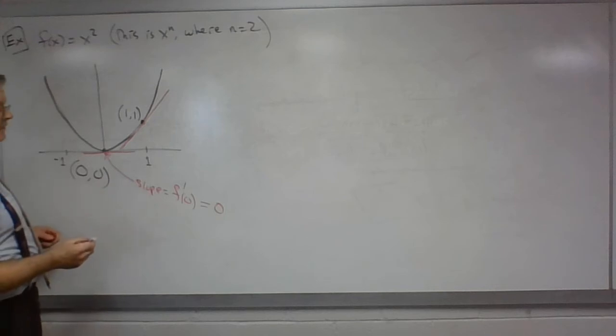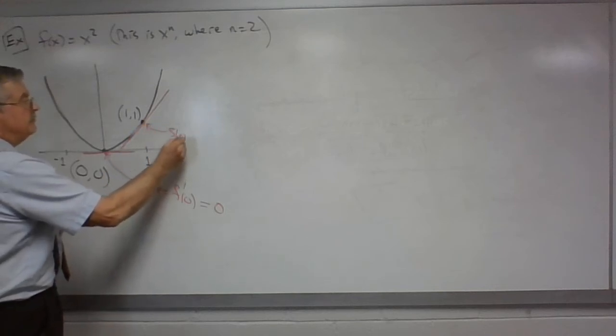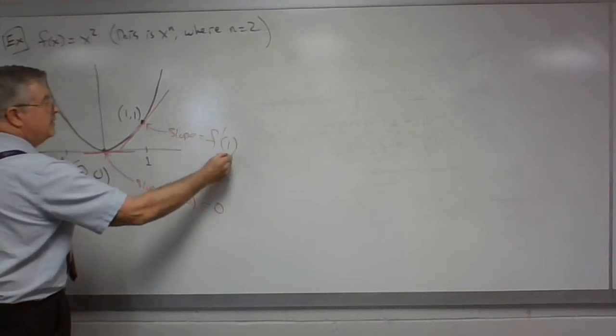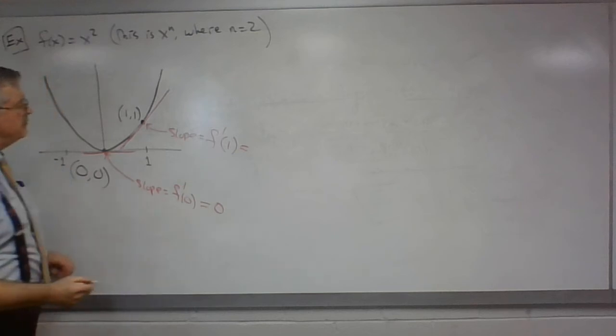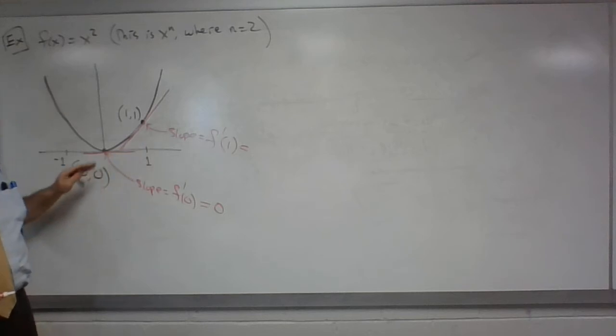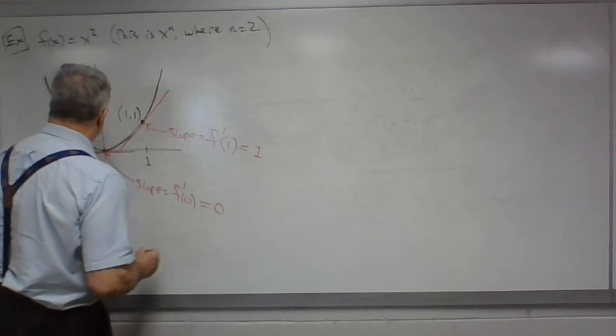Here's the tangent. And the slope of that tangent is the derivative evaluated at x equal 1. What's the slope of that line? The line's about 45 degrees. So the slope is going to be 1, right?